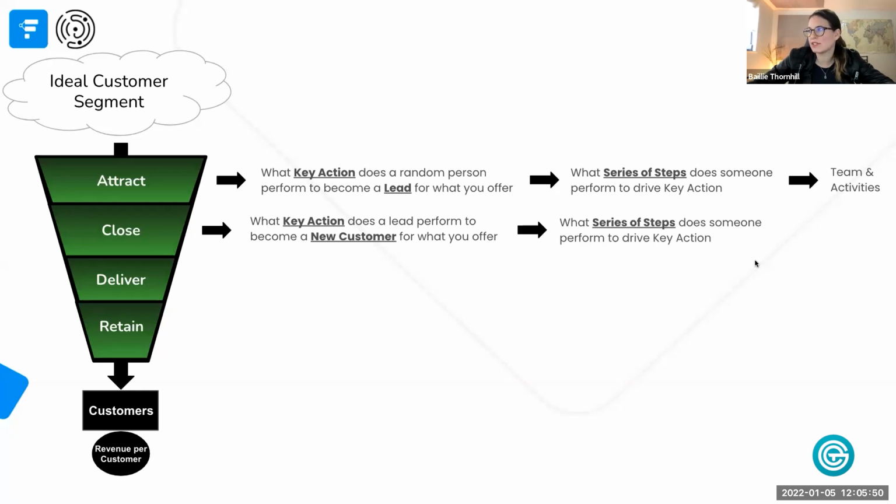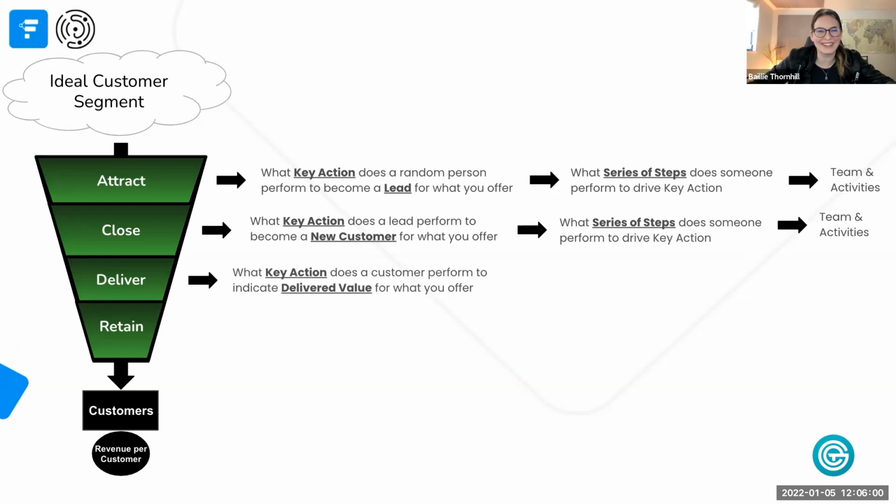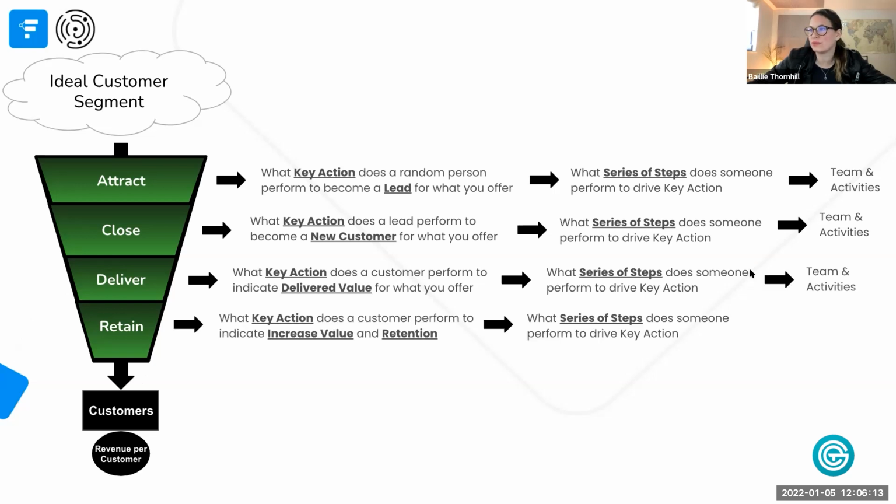What series of steps does someone need to perform in order to drive that action to happen? Who on your team or what activities need to occur in order for this stage to happen? You guys get where I'm going. What key actions does a customer need to perform in order for you to deliver the value that you promised? What series of steps does someone perform to drive that key action? What does your team and activity need to do?